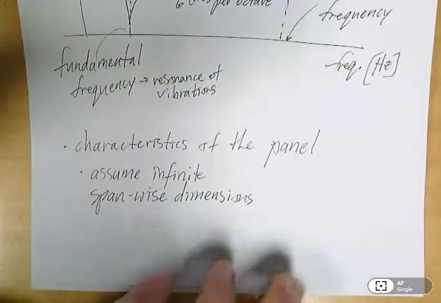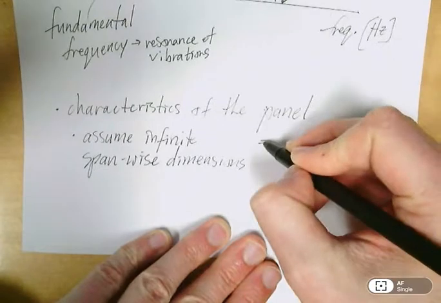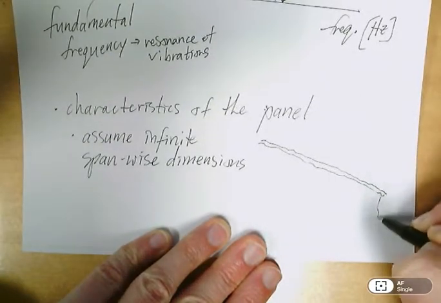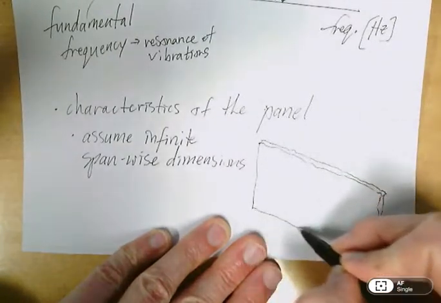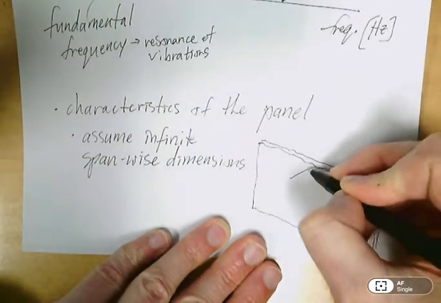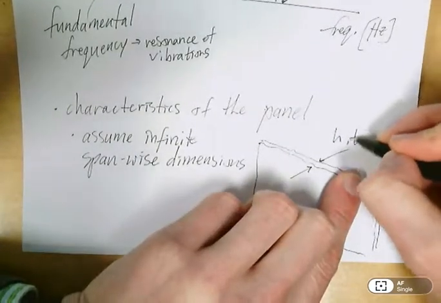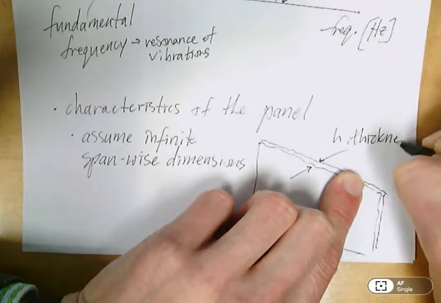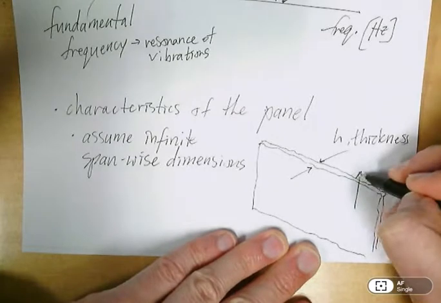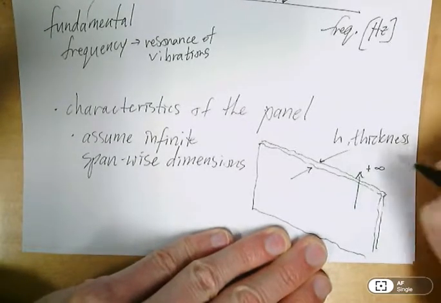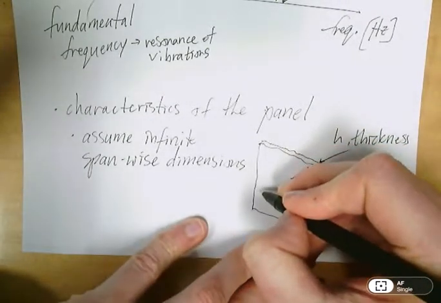So in other words, if we have a panel and it has thickness h, then the other dimensions extend infinitely in height and in width.